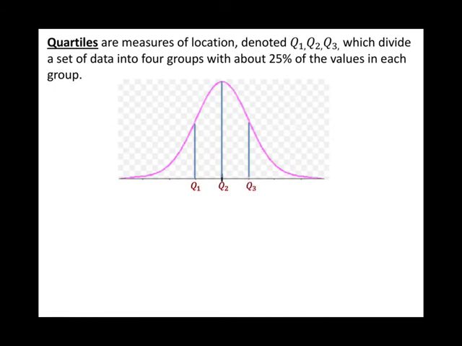And think about it: what is the area for Q1 here? The total data is 100%, right? We divide it into 4 parts, so it's going to be 25% for each part. So the area to the left of Q1 will be 25%. The total area to the left of Q2 should be 50%. Q3, that'll be 75%.